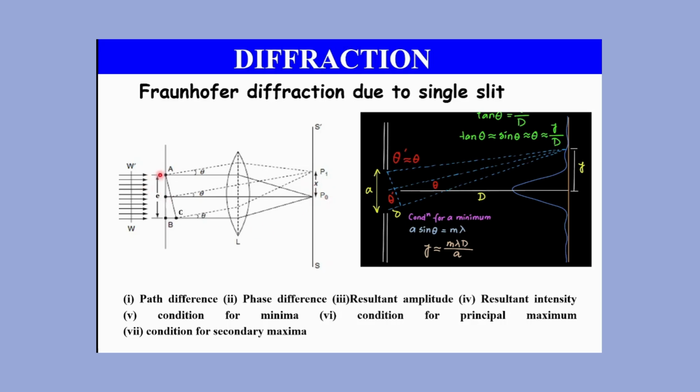Now some light rays which are incident at the edges of the slit or obstacle get diffracted from the slit and are going to be incident at the point P1. Our aim is to find the intensity at P1, whether it is maximum or minimum intensity.